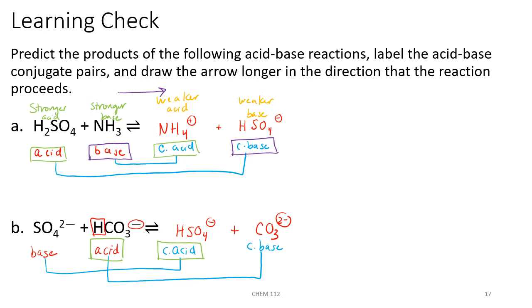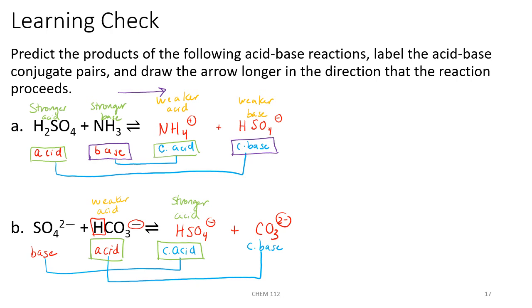And looking on our chart, the hydrogen sulfate ion is much higher on the left than the hydrogen carbonate is. So this would be our stronger acid, and hydrogen carbonate is much lower, so that's the weaker acid between the two acids.